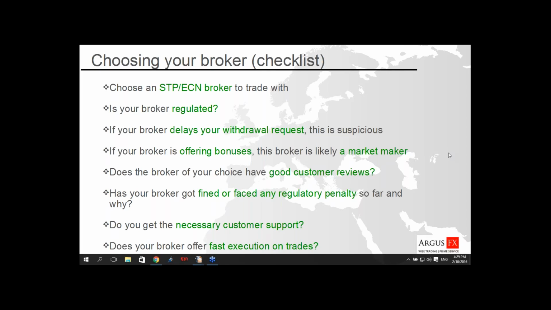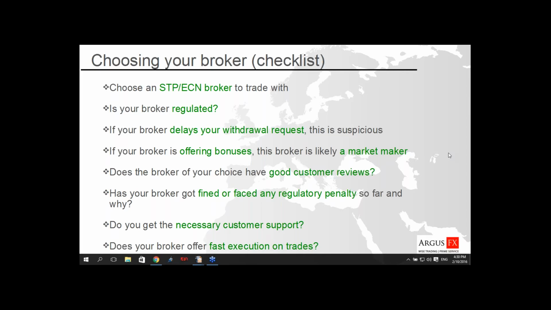Number 2, is your broker regulated? Because for some years now, many brokers have been introducing themselves without having the relevant regulation. And this is something to consider, because if your broker is regulated, then you are protected too. You will feel safe.